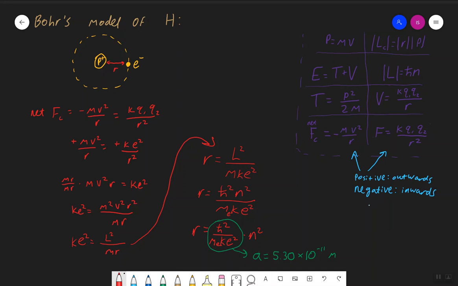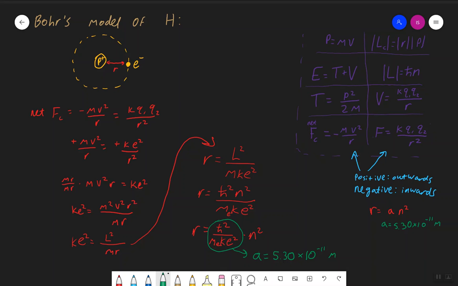So just to summarize our results that I'll write here, it turns out the radius, how far it is away from the proton, is quantized according to Bohr's model, where R is equal to A times n squared, where A, and I'll do this in green here, is the Bohr radius, 5.3 times 10 to the negative 11th meters.